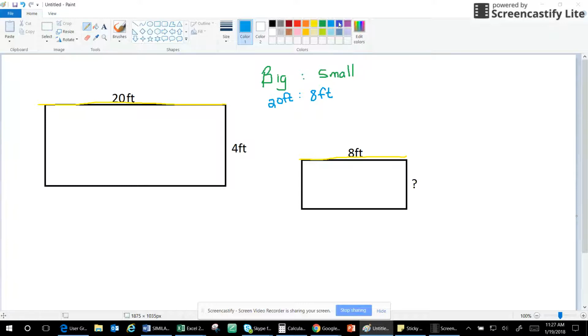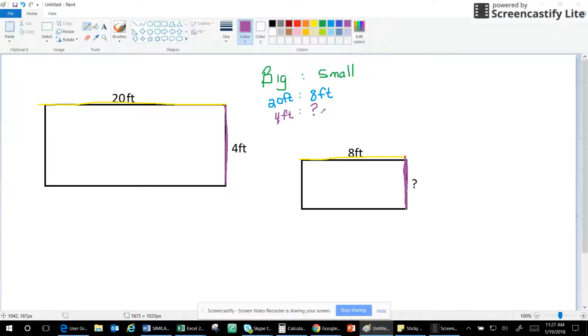This tells me that if these rectangles are similar, then the other sides are also going to keep that same ratio. So that means that this 4-foot side is going to carry the same ratio to the side that I don't know. And using this information, we can actually solve for that missing side.